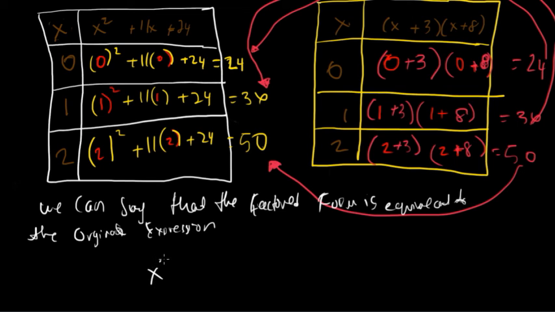So in this case, it'll say x squared plus 11x plus 24 is equal to x plus 3 times x plus 8.